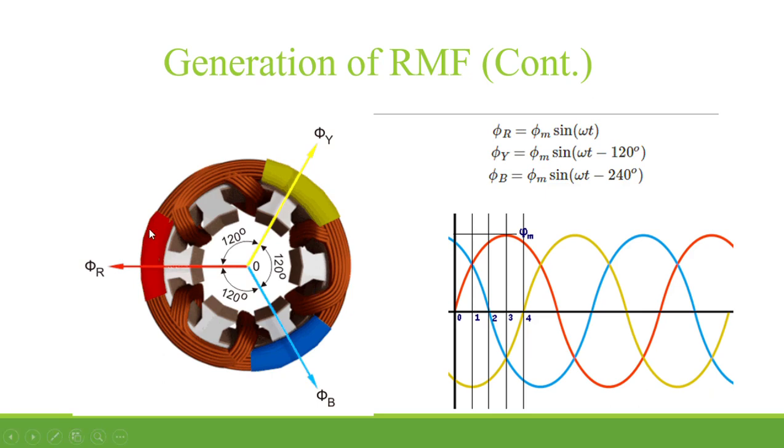So imagine this is a stator of an electric motor where the three-phase winding is distributed in this manner. All three-phase windings are taken as R, Y and B, red, yellow and blue according to the color of the wire, and these are spaced 120 degrees from each other.